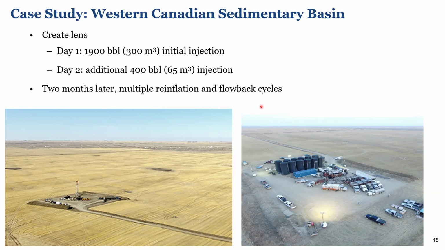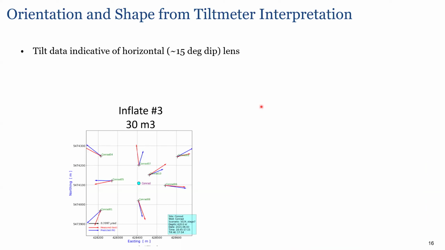Now, there's a few things we know about what happened with those 3 inflation cycles and the associated flowbacks. One, we can ascertain something about orientation from tilt meter monitoring. So there's a surface installation of tilt meters. Those tilt meters all create a pattern of surface deformation that is consistent with a nearly horizontal lens. That was the goal, was to create a nearly horizontal lens.